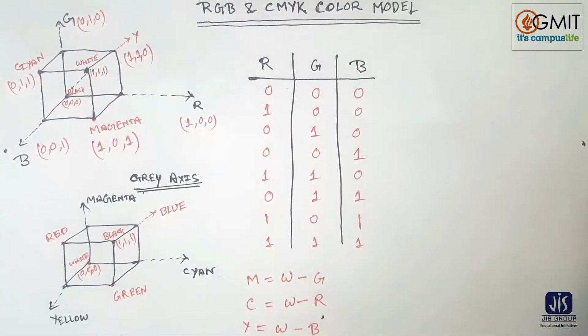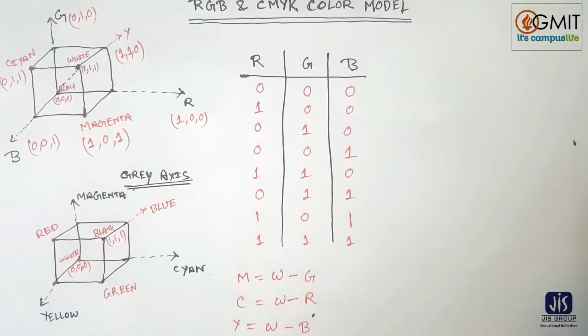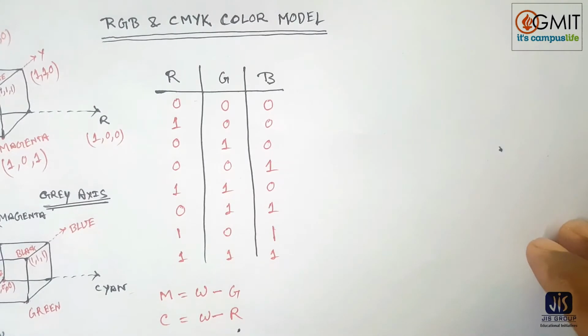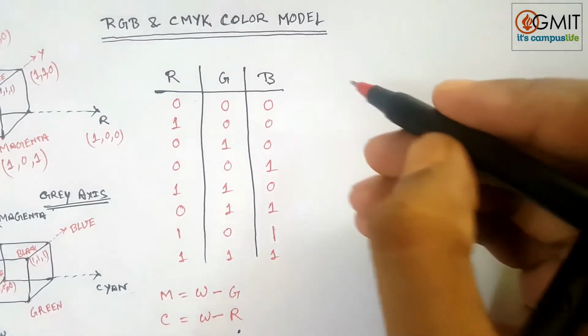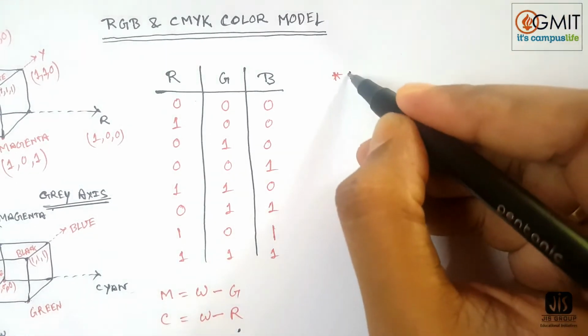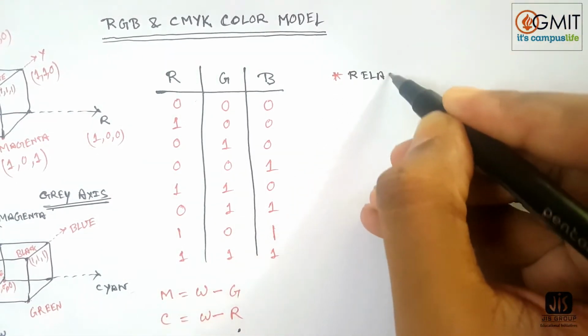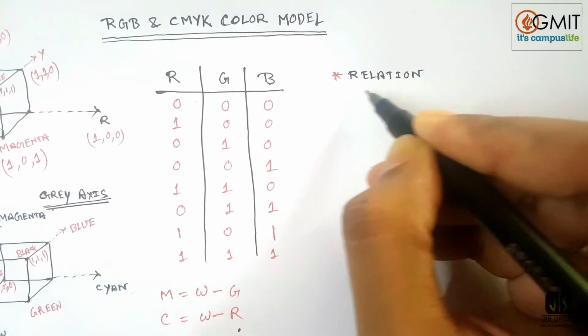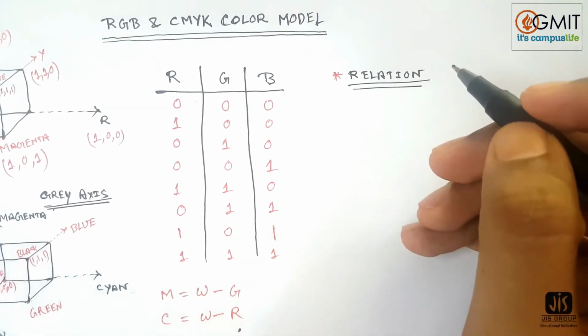Now comes the difference between this RGB and CMYK color model. But before going to the difference, what is the relation between these two color models?